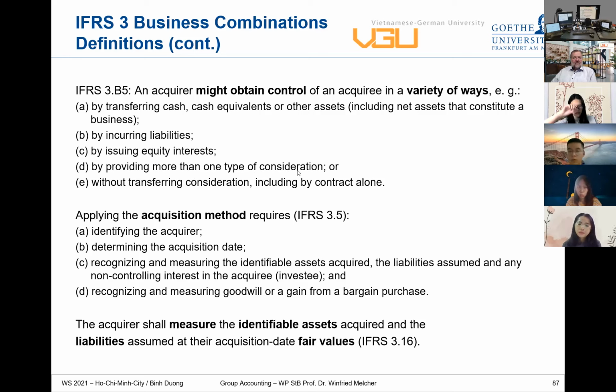So that means you can have a mixture of paying cash equivalents, and maybe incurring liabilities and issuing equity interest. So it could be a combination of those. And that could be with one contract or with several contracts that should be combined afterwards.